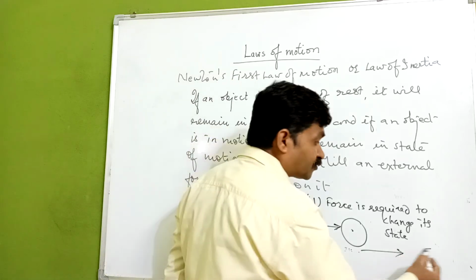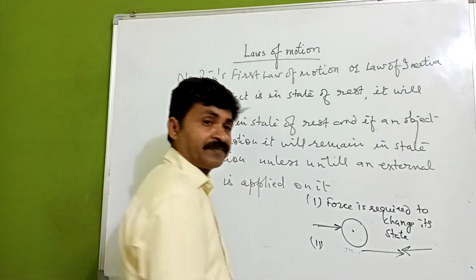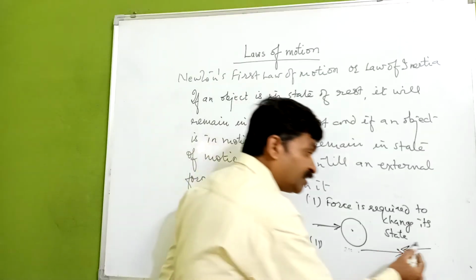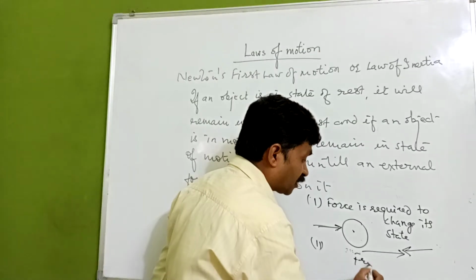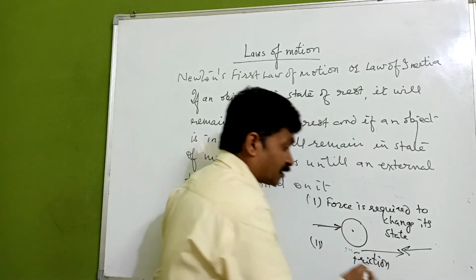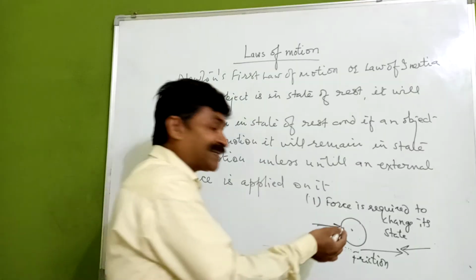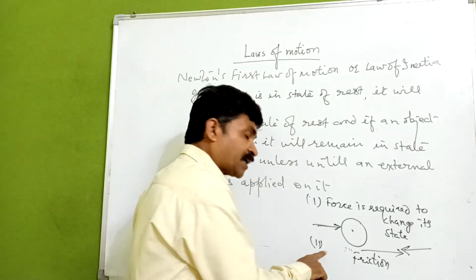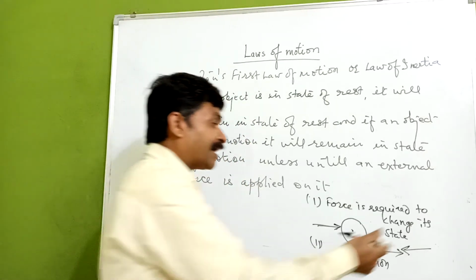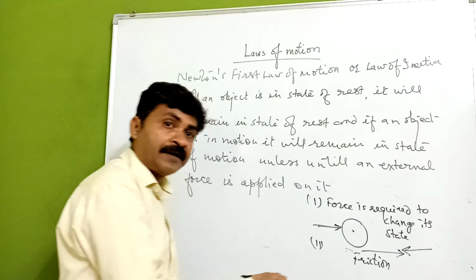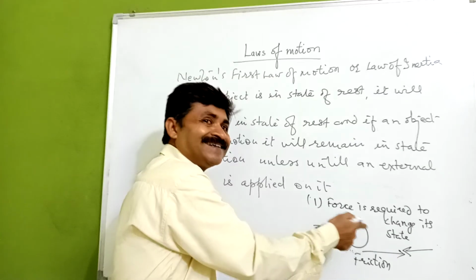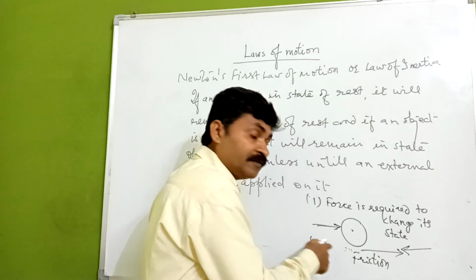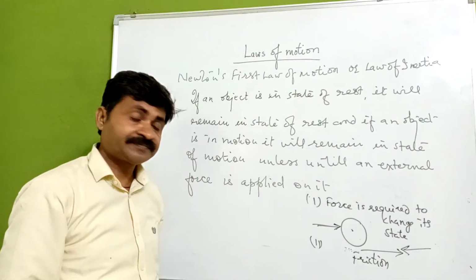There is a force acting in the opposite direction of the motion of the ball, and this force is the force of friction. So this force of friction makes it stop. So from the second part it is clear that an external force is required to decrease or increase the speed of the moving ball.